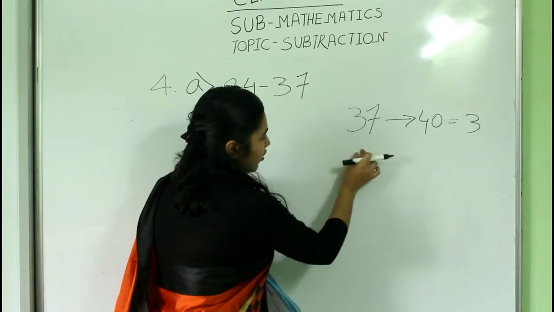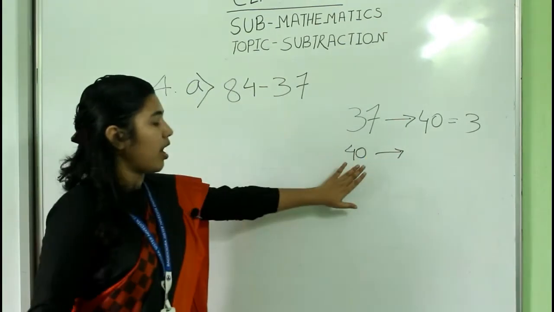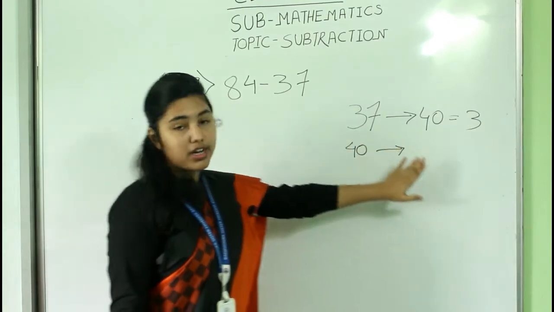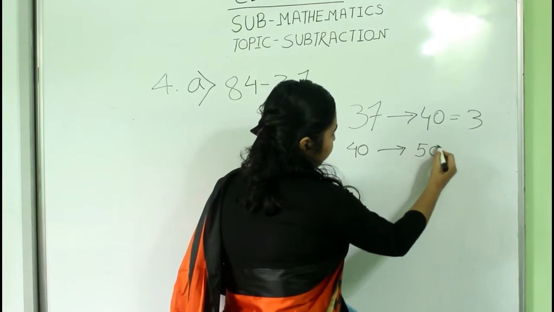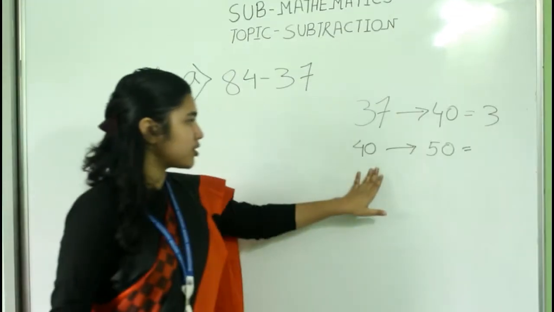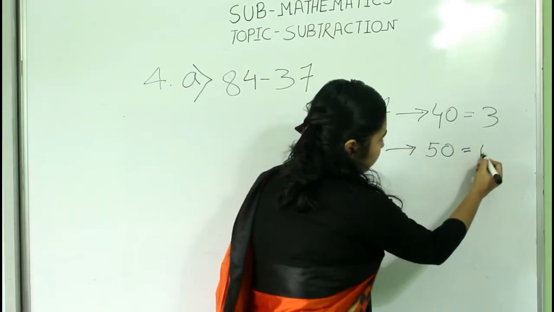Now take this 40 here. After 40, the first tens digit is 50. So count 50 and the difference between 40 and 50 is 10.